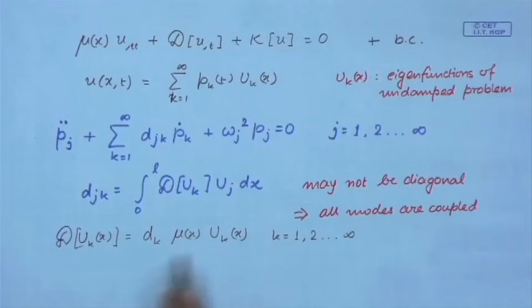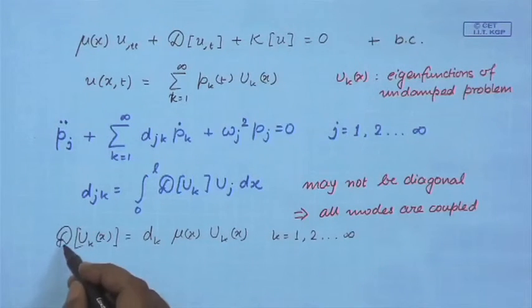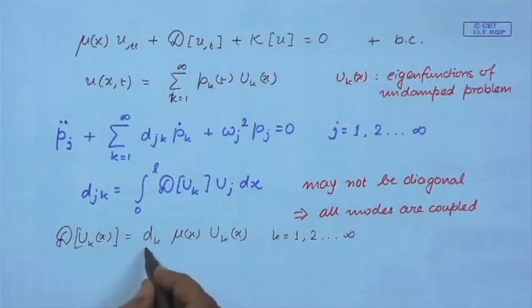So, for all eigenfunctions, if the operator operating on this eigenfunction gives this, in other words, u k is also an eigenfunction of the damping operator d, then the damping matrix is completely diagonal, as you can see from here.